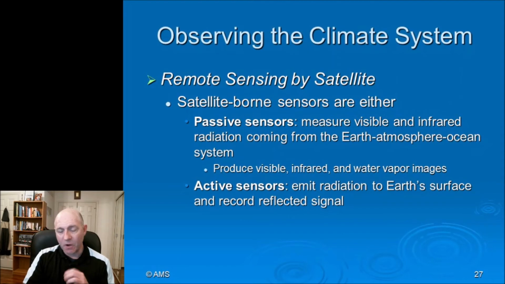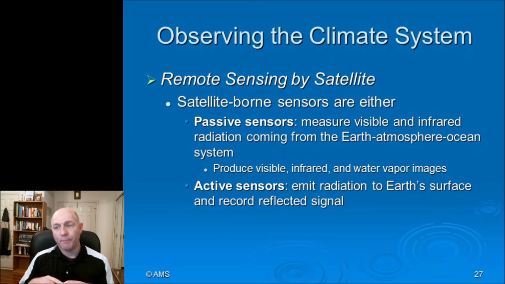The sensors on the satellites come in two types. There are the passive sensors, which are just taking in the energy that is being emitted by the Earth system. These are passive sensors because the Earth is always giving off energy. Most of it is in the infrared, so you tweak your sensors to look in the infrared part of the spectrum.